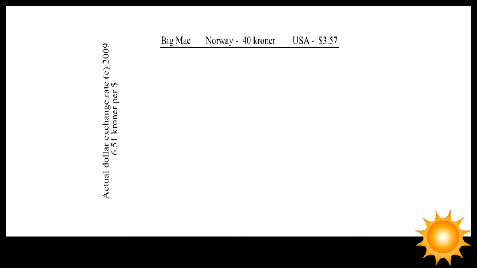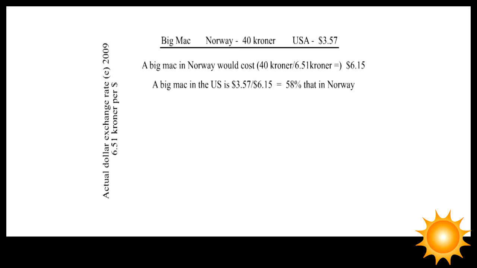To compute the real exchange rate, first convert the kroner price into US dollars and divide the US dollar price by the Norway dollar price. We see that the Big Mac in the US sold for only 58% of the dollar price in Norway.